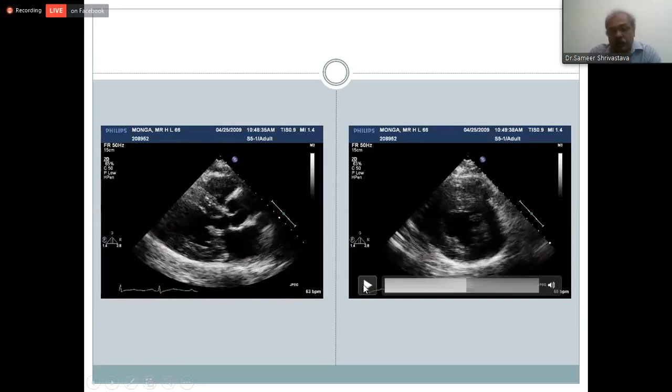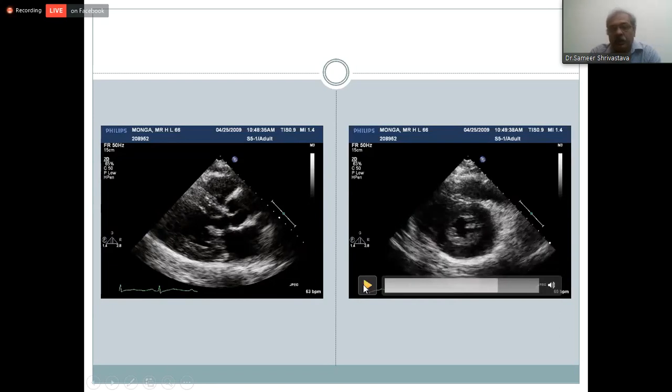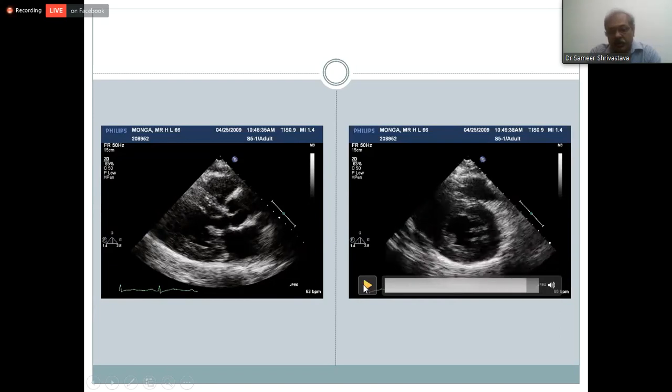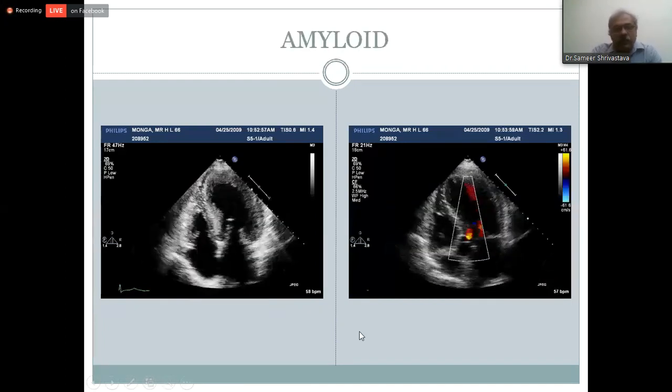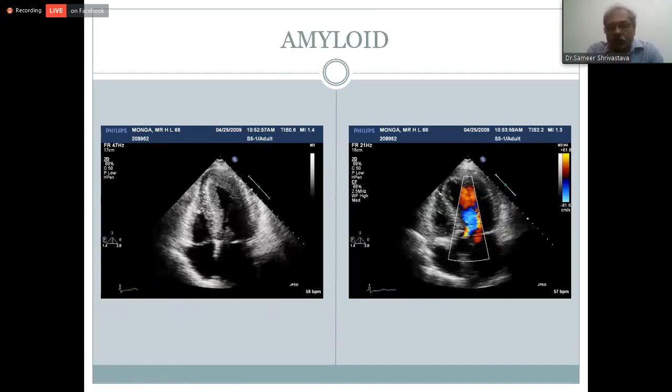It's not that you will have only asymmetrical septal hypertrophy, but if you get a concentric hypertrophy, start thinking in terms of several other things other than hypertrophic cardiomyopathy as a possibility. Now, this is what we find.